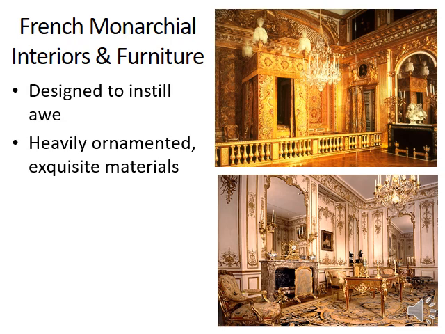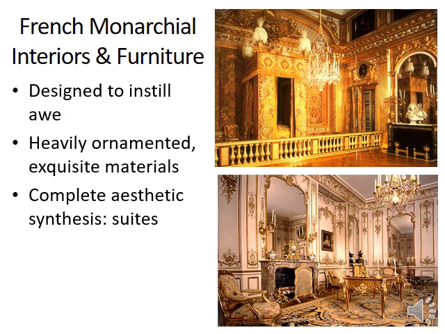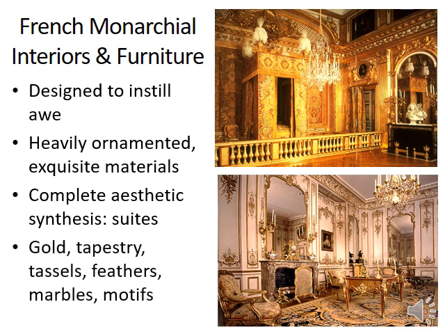Everything was very heavily ornamented with exquisite materials. This is also the period where we see the emergence of suites. Again, these are groups of furnishings that were designed to be placed in a very specific room together.